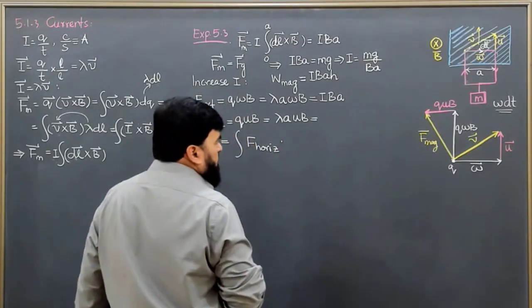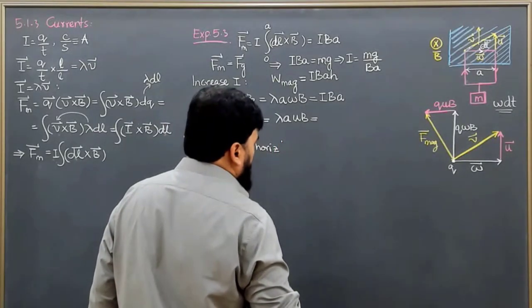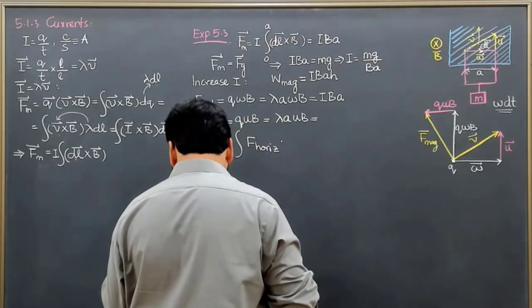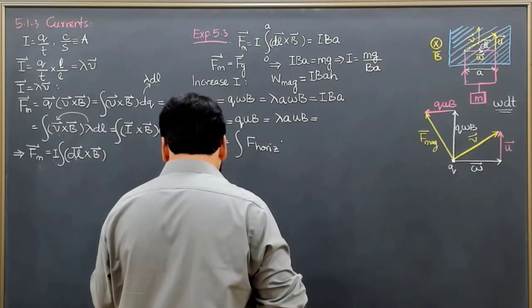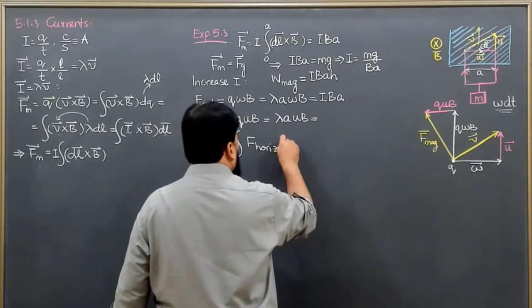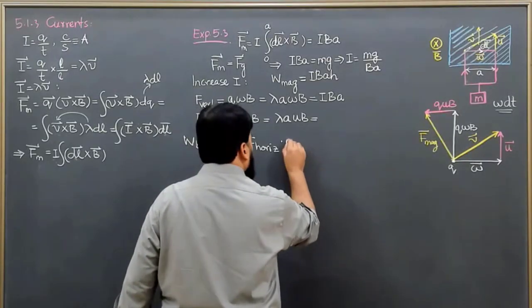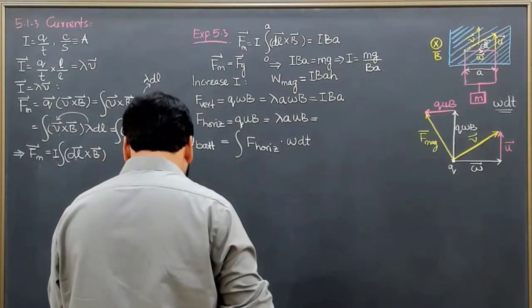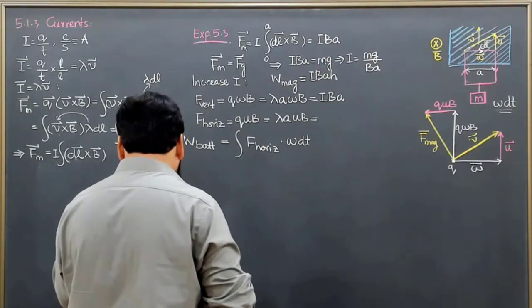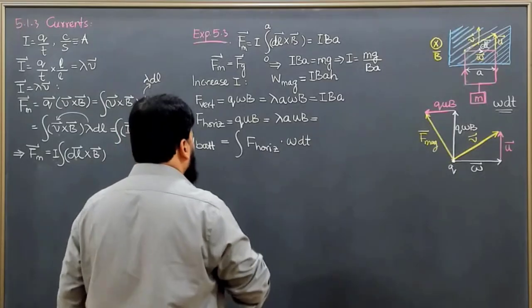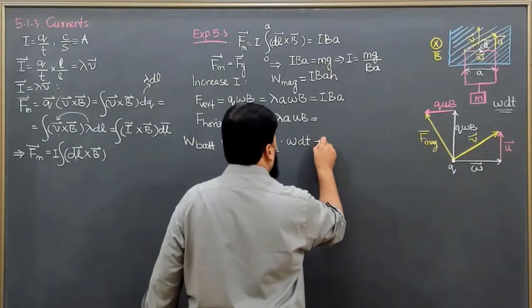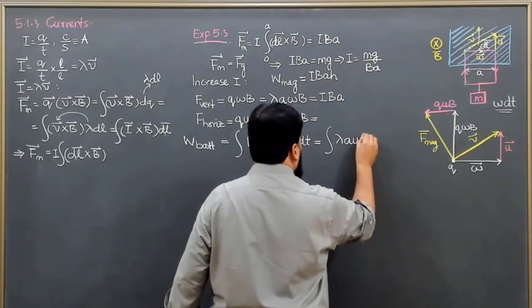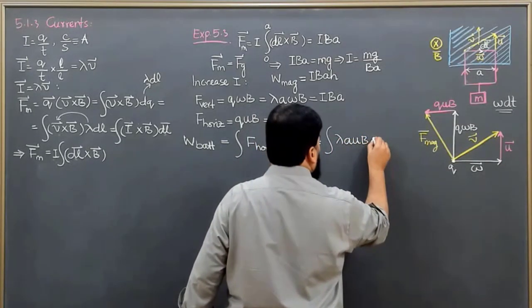So the horizontal force here is QUB, and this distance is W dt. So lambda a UB, this is the horizontal force, and then W dt.